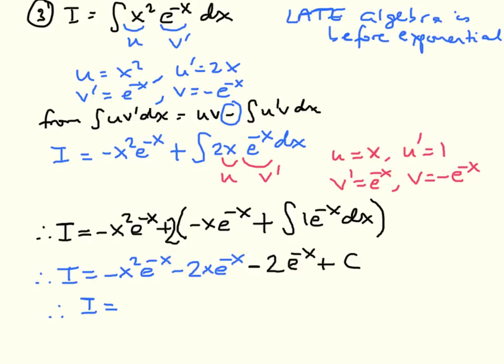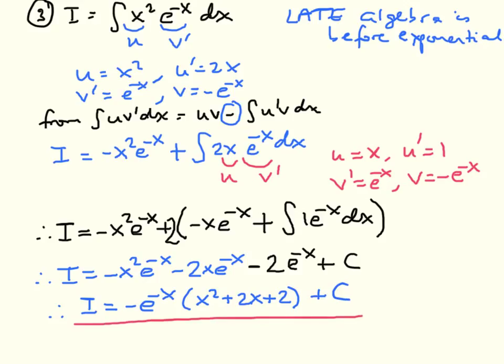So it is minus e to the minus x, brackets, x squared plus 2x plus 2, close brackets, plus our unknown integration constant. That is our result, and again, I would encourage you to check it by differentiating.